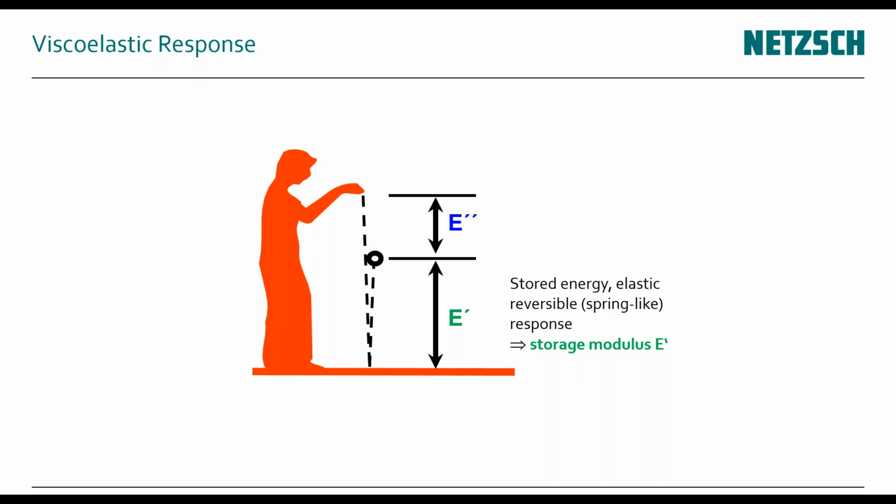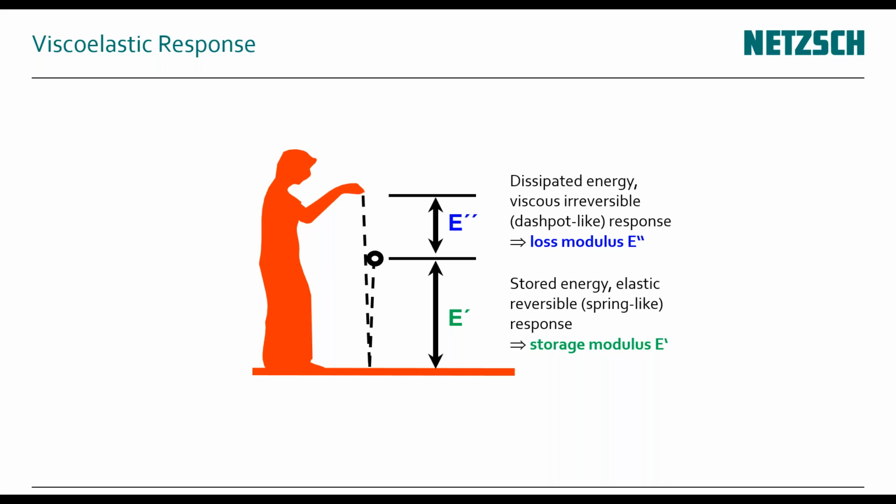It is the ability of your material to store energy in these springs. On the other hand, the ball that we drop on the floor doesn't come up to the entire height anymore, so we lose some of our energy. Where does that go? This refers to the dissipated energy, or the viscous, irreversible, or dashpot-like response. This is why we call this the loss modulus E double prime.